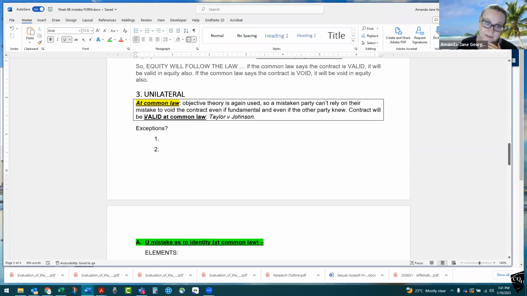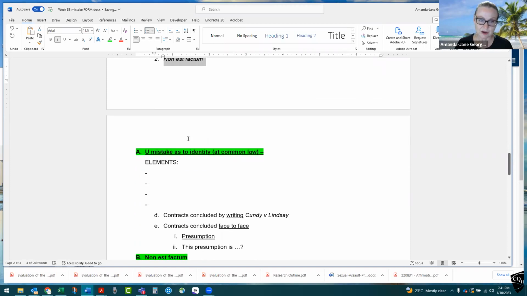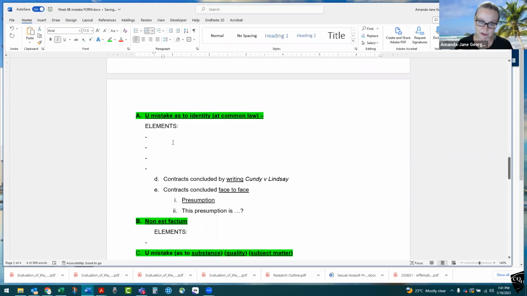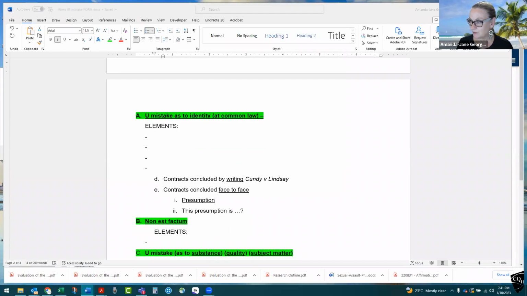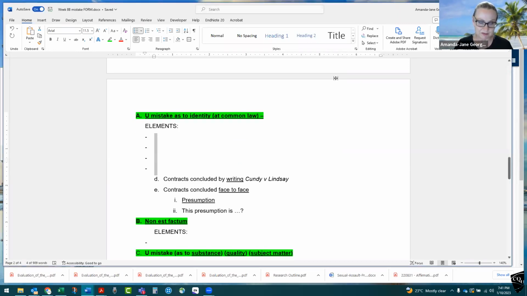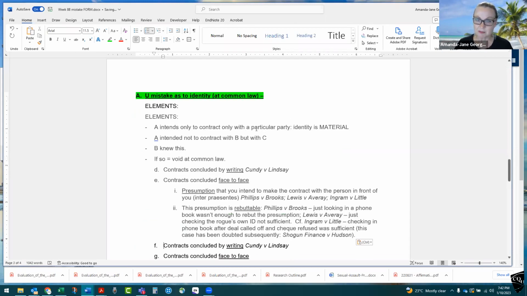Usually, though, if there's no naughtiness, the only exceptions will be mistaken identity and non est factum. Another lovely little Latin phrase here. So mistake as to identity, and this is relevant for the little tutorial problem. The elements are that party A who is mistaken only intends to contract with a particular party.